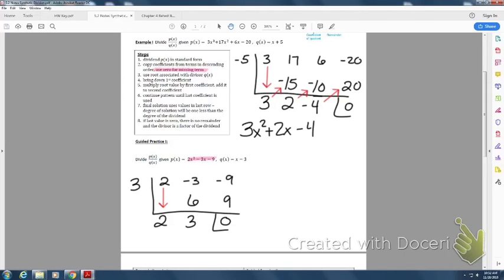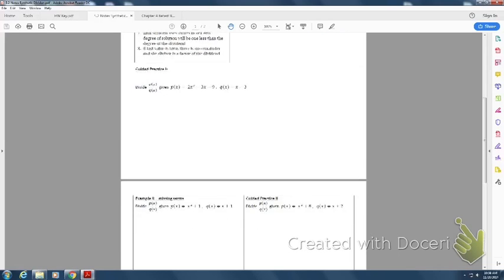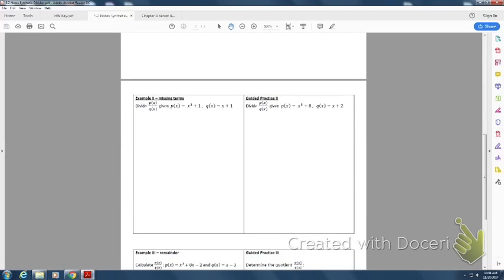The degree of this quotient is going to be what? 1. So it's just 2x plus 3. Make sure on that first one that you put 2 zeros in there for placeholders.